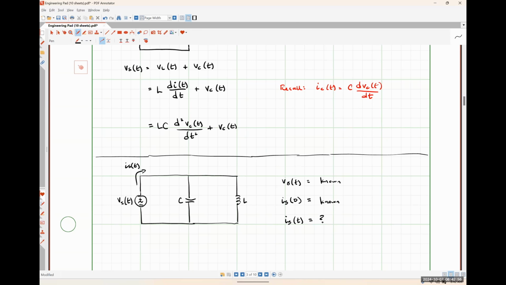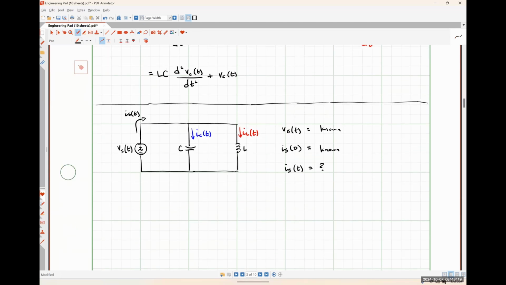How did we approach every single node pair circuit? Kirchhoff's current law, okay? So I'm going to define a current IC of t like so, and a current IL of t like so. Applying Kirchhoff's current law to this system, Is of t has to be simply the sum of IC of t and IL of t.